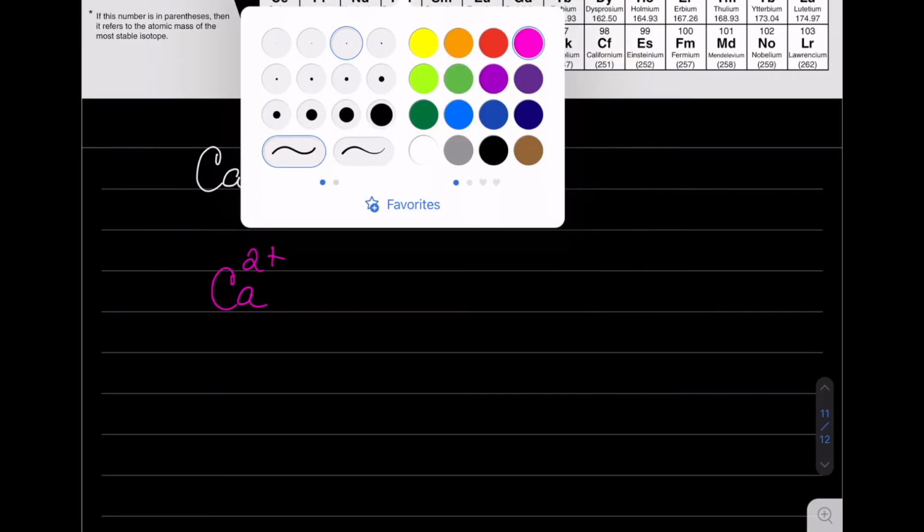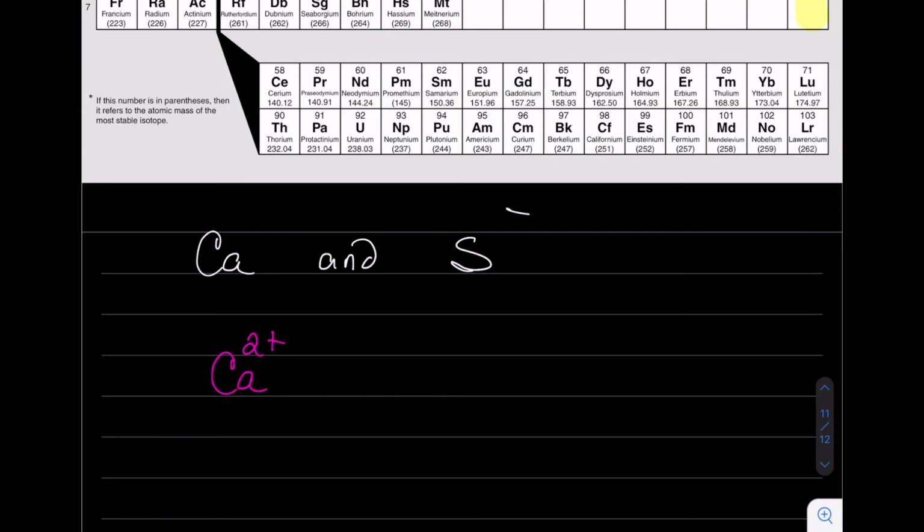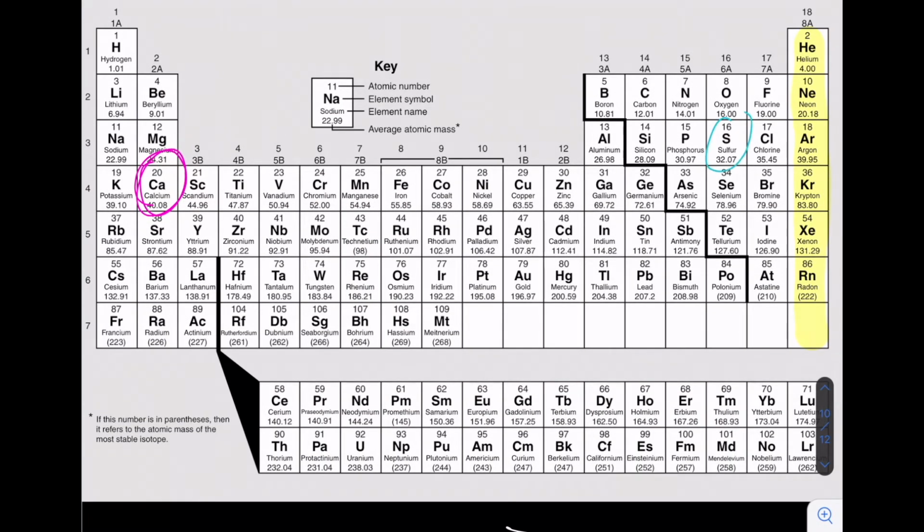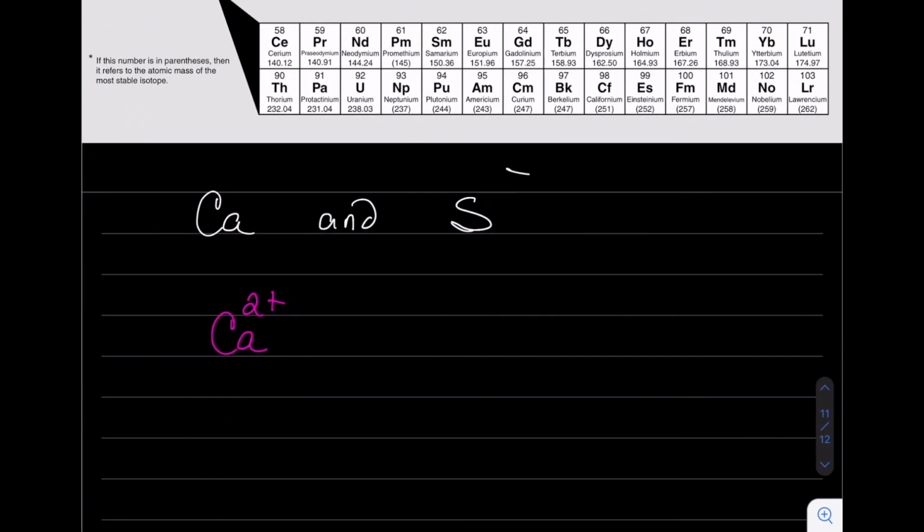All right, sulfur is our nonmetal. It's right here. He's going to gain electrons to be like a noble gas. He's going to gain 1, 2 to be isoelectronic with argon. So he is going to be sulfur 2 minus, gaining electrons, means he's a negative charge.